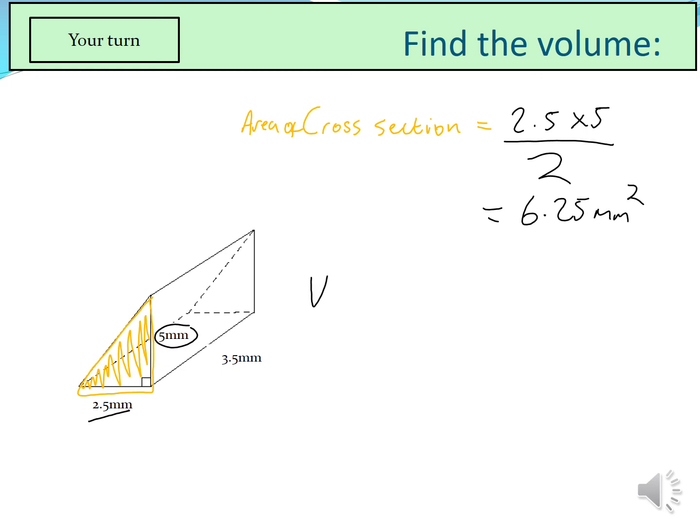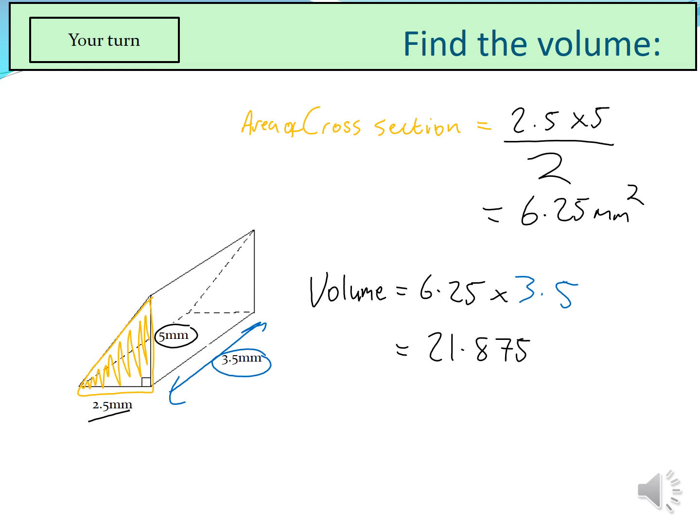So the volume of this triangular prism is 6.25 times it by the length, where the length is this bit here, which is 3.5 millimeters.